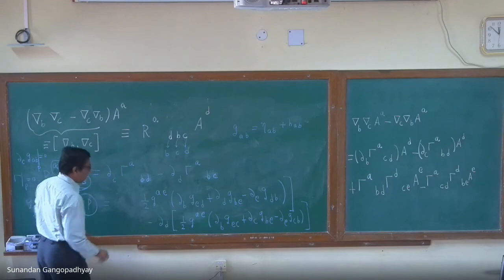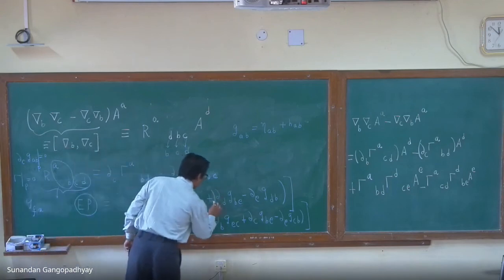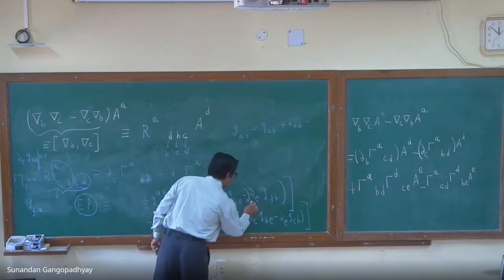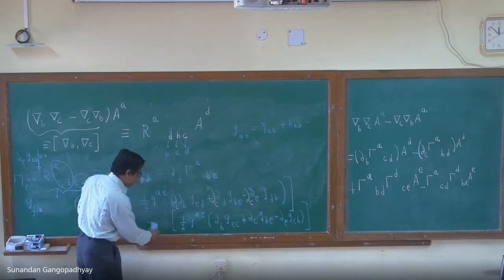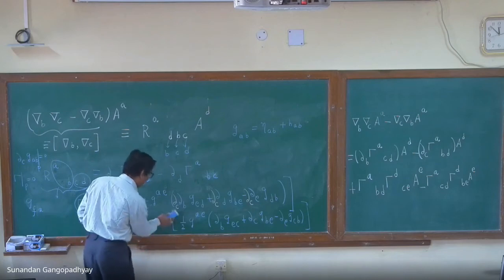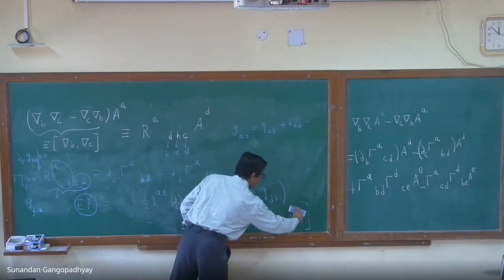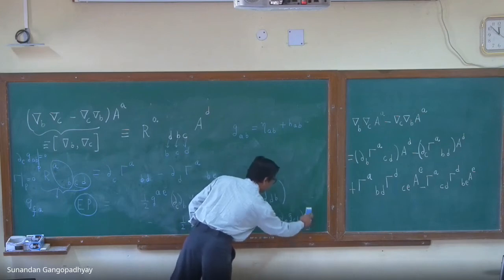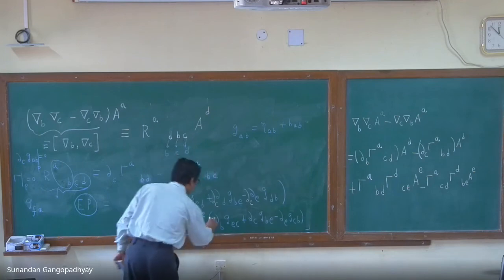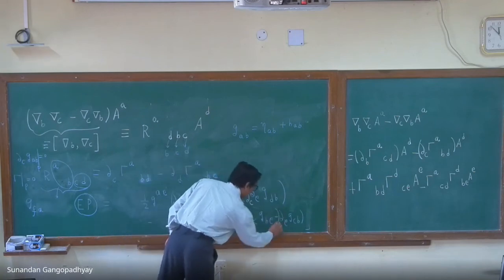So what you have is half. Let's replace this by LC, LC, LC. Similarly, this will be LD, LD, LD.